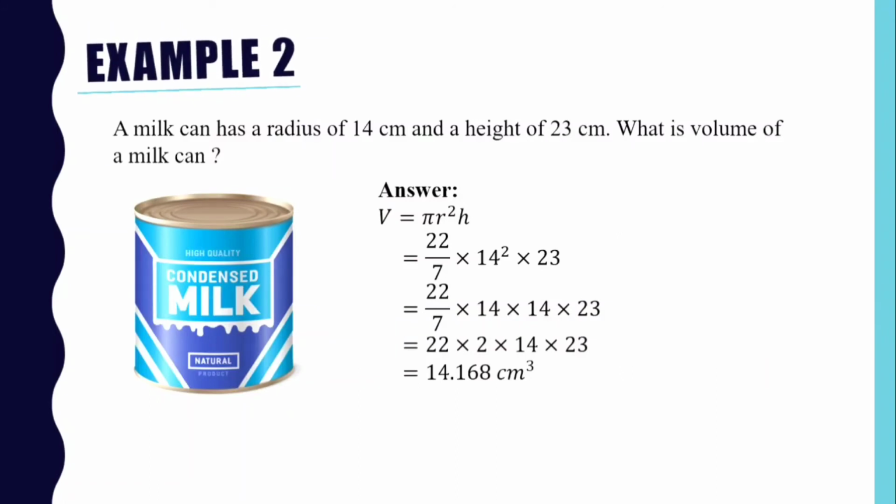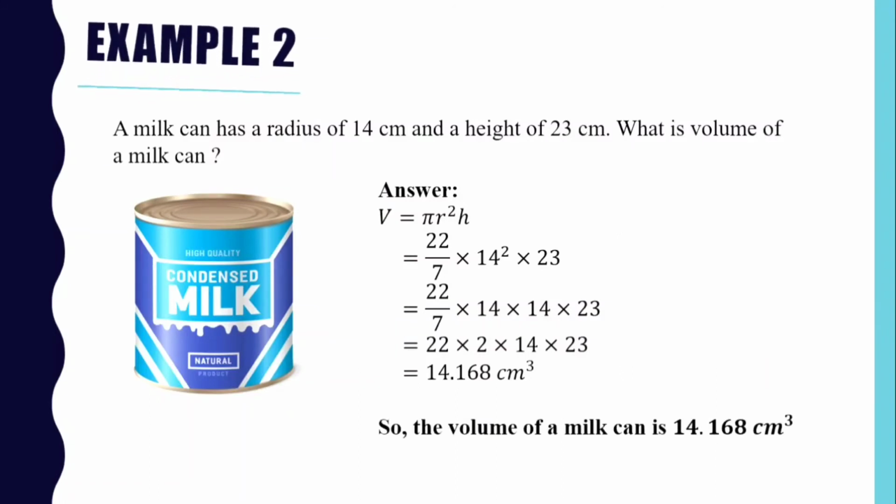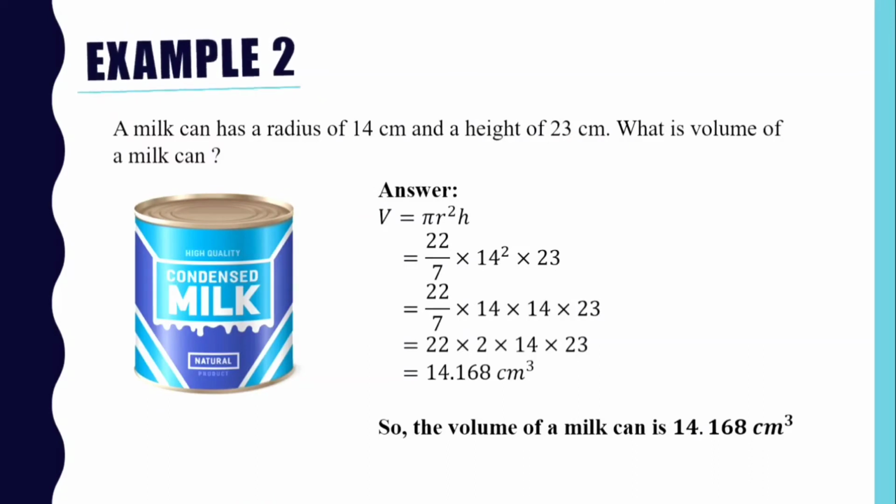So, the volume of a milk can is 14,168 centimeters cubed.